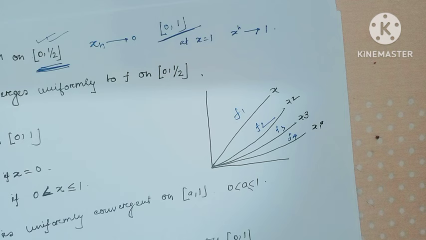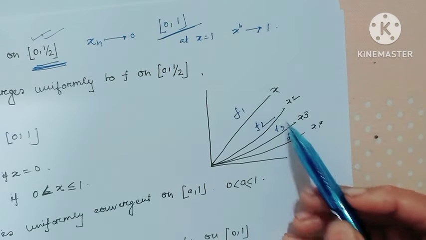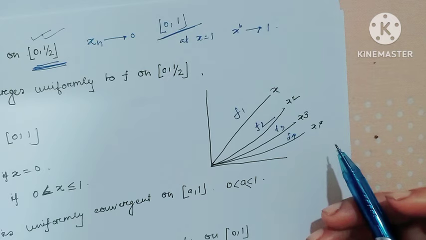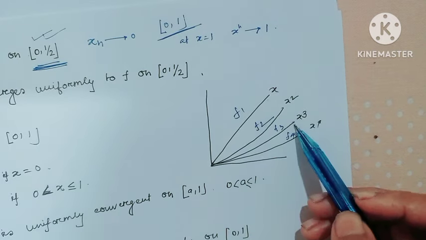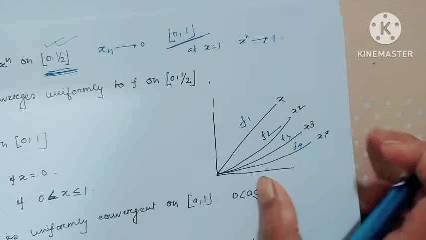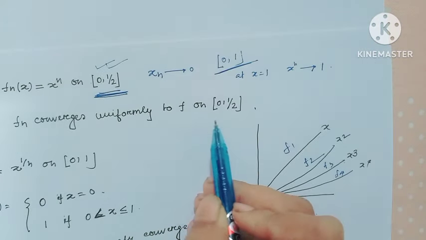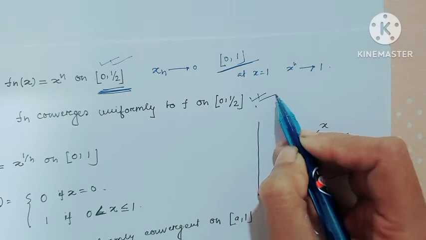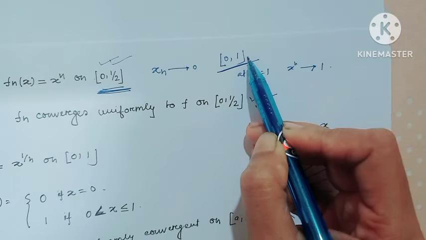Obviously the sequence of functions converges pointwise to 0, and this is a monotone decreasing sequence of functions. Every function f1, f2, f3 is continuous. So by Dini's theorem we can tell fn converges uniformly to the function f on 0 to half. This is only true on this interval, not this interval.